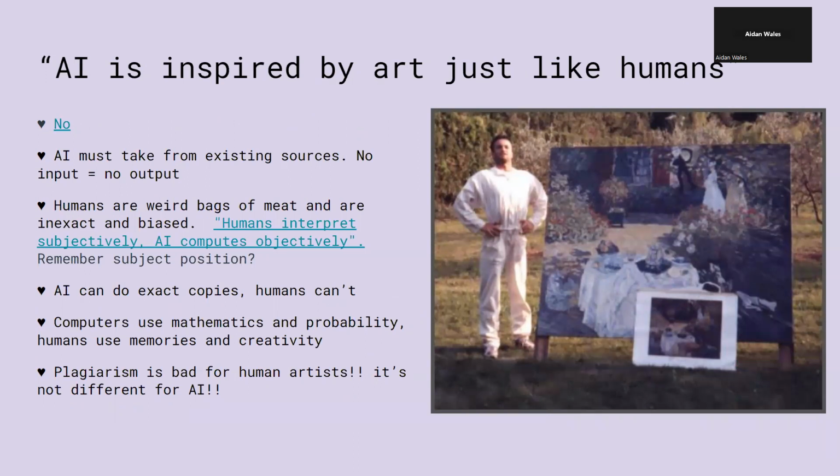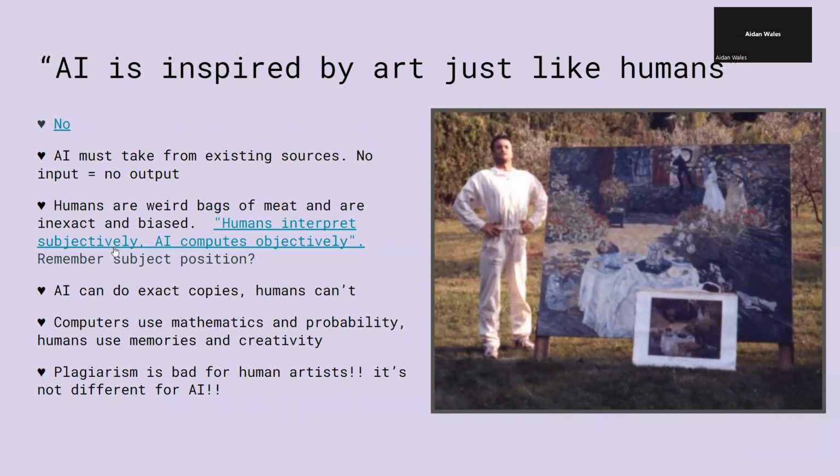If there's no source imagery for the AI generative model to pull from, there could be no output. So you need an input for an output, right? So again, there's no such thing as inspiration. It's just basically mathematical models, probability.